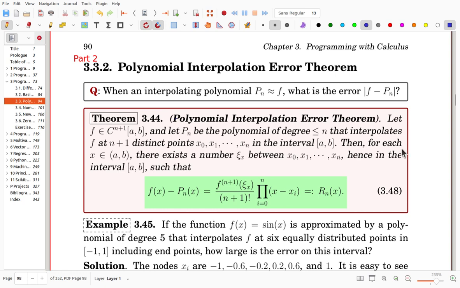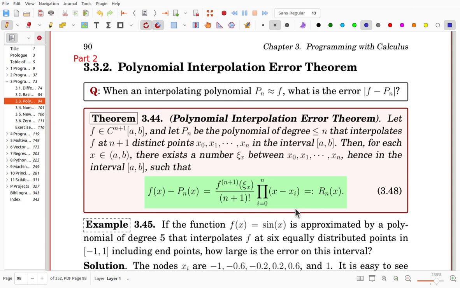Then for each x in the interval, there is a number psi x, which depends on x, such that the difference between f of x and Pn of x is given in this way. This is the interpolation error.